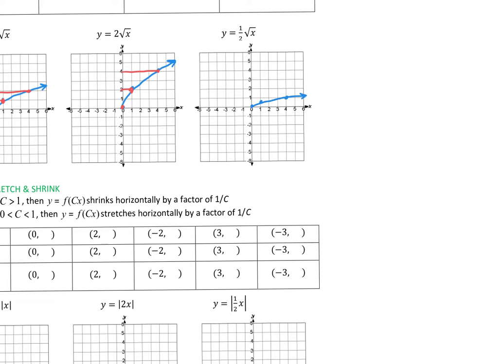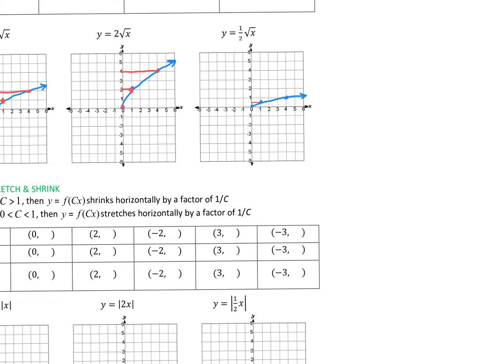It shrinks down. So remember, when x was 1 in our basic graph, y was 1. But now it's half. When x was 4 in our basic graph or parent graph, the y value is 2.